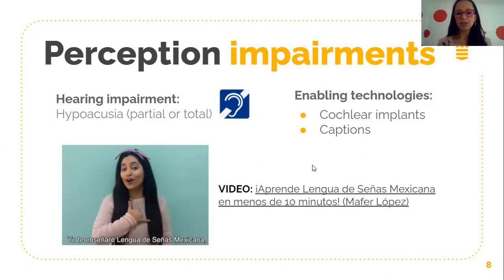I added here a video from Mafer Lopez. She says that she's going to teach you Lengua de Señas Mexicana in less than 10 minutes. Actually, you will not learn Lengua de Señas Mexicana in less than 10 minutes, but you will see what sign language is like, and you will learn the alphabet of signing in Lengua de Señas Mexicana.